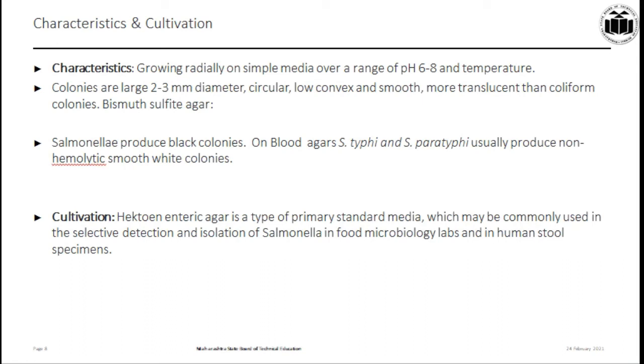So Hektoen enteric media is mostly preferred, which acts as a selective and differential media for detection of Salmonella.